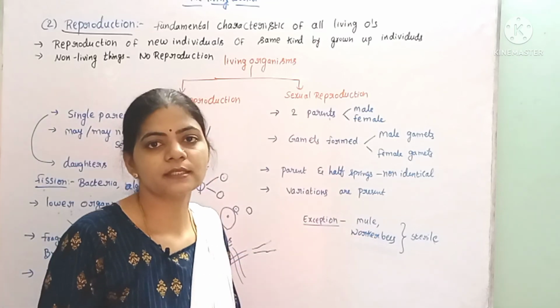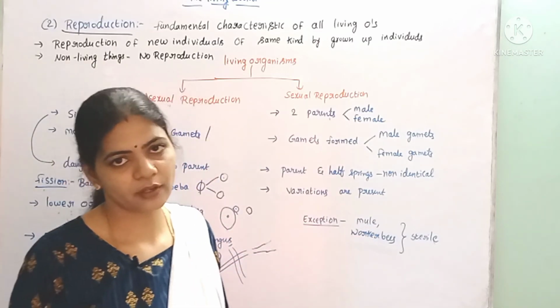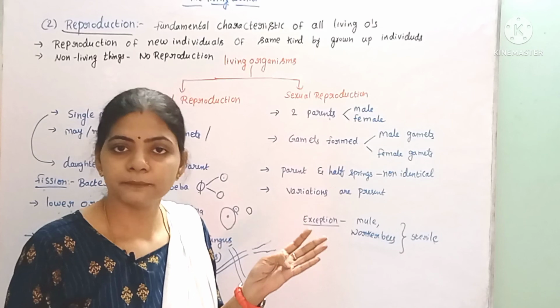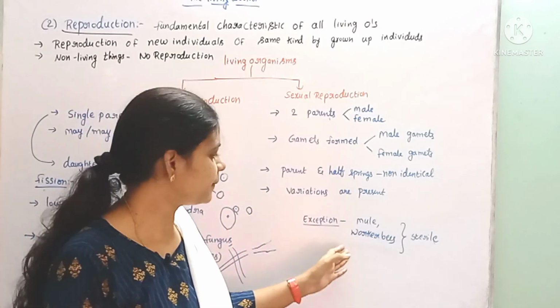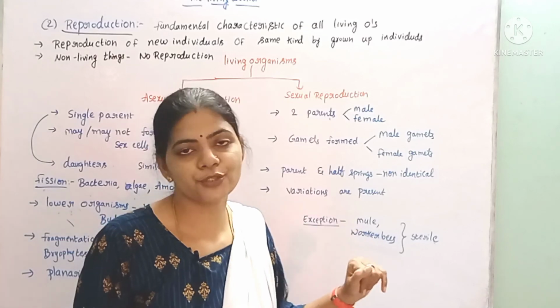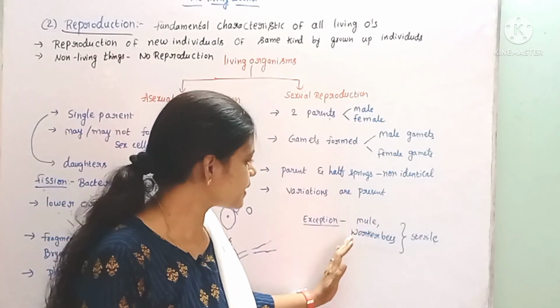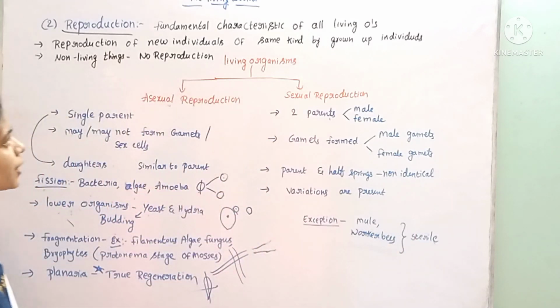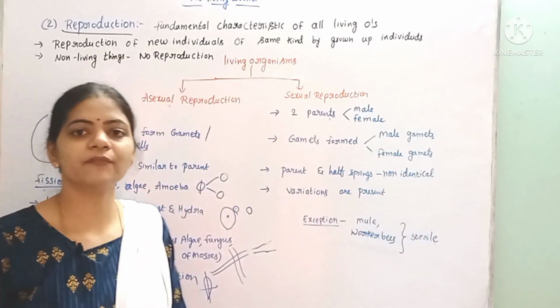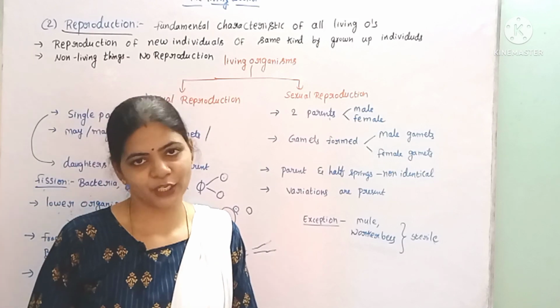In honeybees, we have three different types, right? Drones, queen bee, and worker bee. The worker bees do not have the reproducing capability. So these are called sterile organisms. So this is about reproduction. With this, we have completed the next characteristic, reproduction.